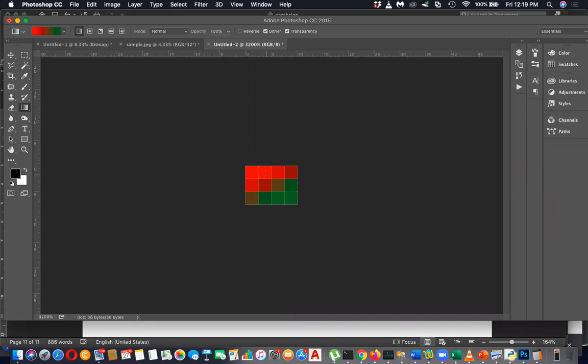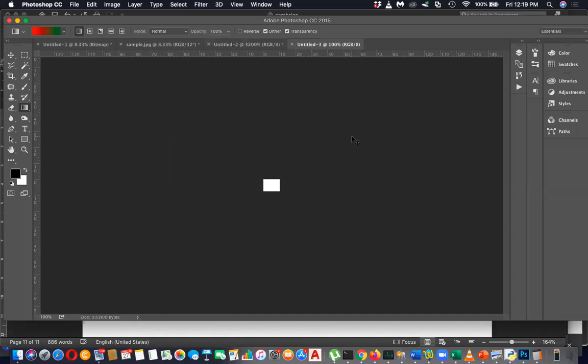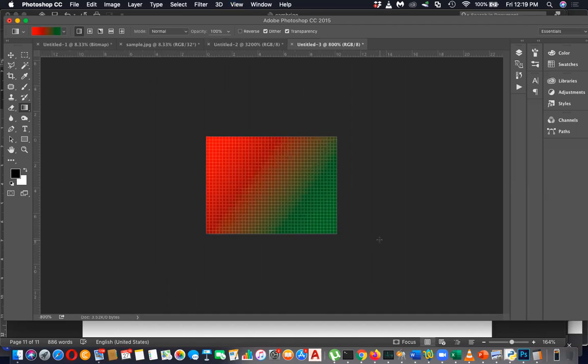But the size is 4 inches by 3 inches. Let's keep the same size, 4 inches by 3 inches. I'm going to change the resolution to 10 pixels per inch. Now the same printout size, but now you can see more colors.